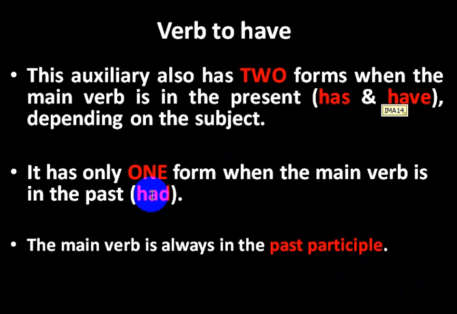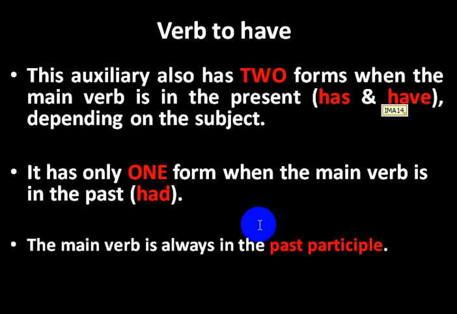Usually the main verb is always in the past participle. The main verb, if you have has or have as an auxiliary verb, let's say, what have you done? Here we have, what have you done? Have or has is the auxiliary verb, and the main verb should be past participle.